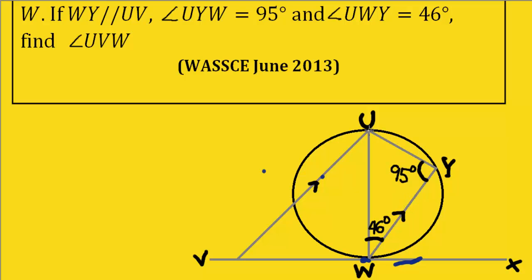It also tells you that angle UYW is 95 degrees, and that angle UWY is 46 degrees. And it asks you to find what angle UVW is. So this is actually V. There's kind of a mistake in it. So angle UVW, I'm going to call that alpha, just for the sake of simplicity.